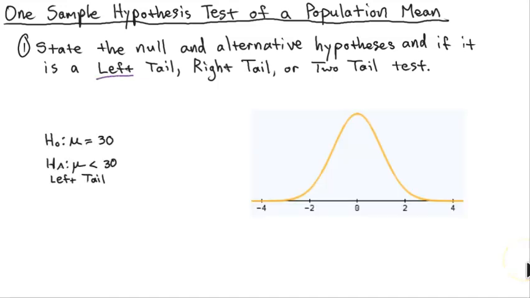All right, suppose we're dealing with a left tail test. Well, let me show you what the hypotheses look like for a left tail test. So this is the null hypothesis, H sub 0 or H naught. And you can see here that the null hypothesis, which like we said in the previous video, is the standard assumption. We're going to assume this is true in the absence of statistical support.